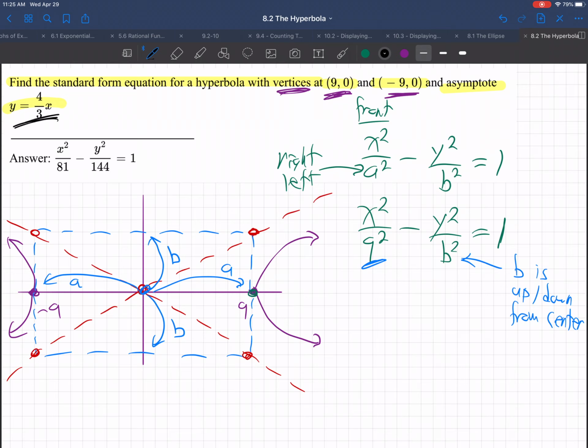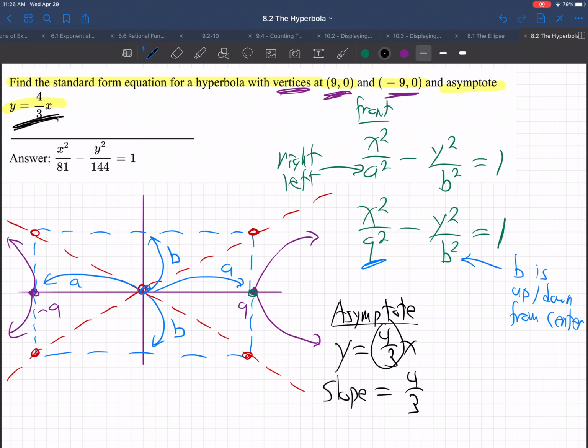Well, now it's time to use the asymptote line equation. They told us that the asymptote line is y equals 4/3 x. That means the slope is 4/3, right? This is like y equals mx plus b. This is the m, the slope. So this is the rise over the run.